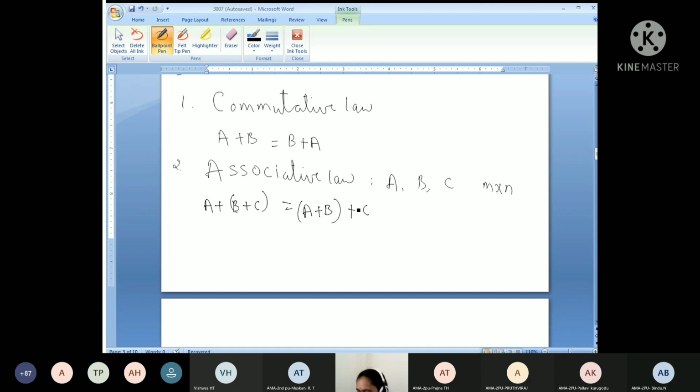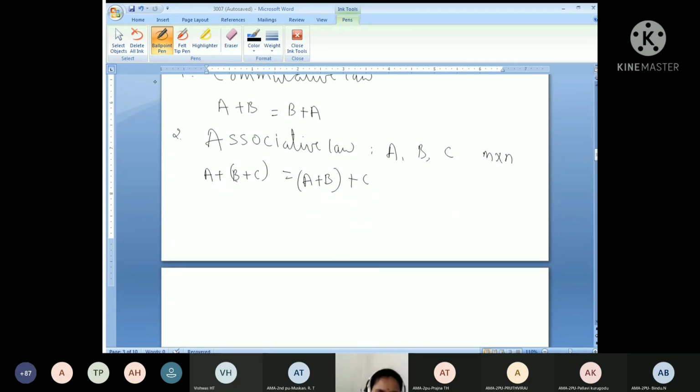Anyhow, proof of this is not required, but I will show how the proof goes. So I am going to take the LHS. LHS is (A plus B) plus C, which is equal to matrix Aij plus matrix Bij, plus matrix Cij.